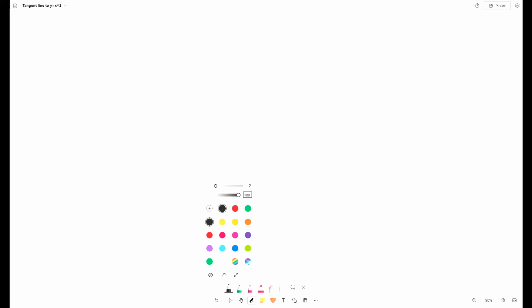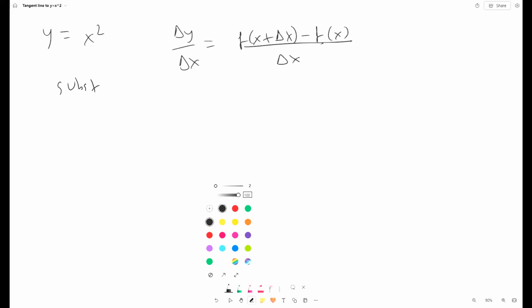Okay, so our function is y equals x squared, and remember our delta y over delta x is equal to f of x plus delta x minus f of x, over delta x. And now we're going to substitute f of x equal to x squared.